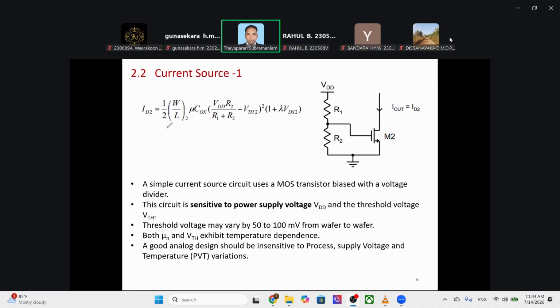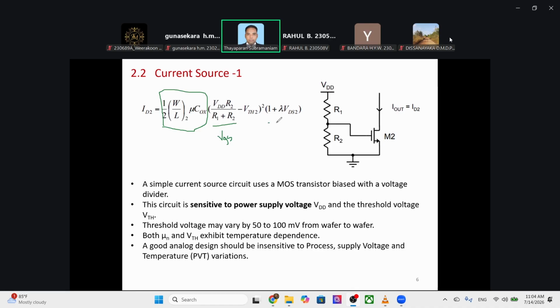If you look at this, this part is a constant, right? Again, W/L ratio, that W/L of the transistor. This part is just VGS, voltage gate source, minus VT, holding scale.